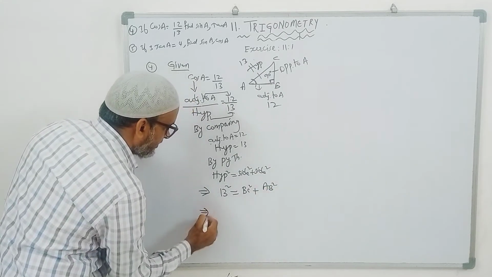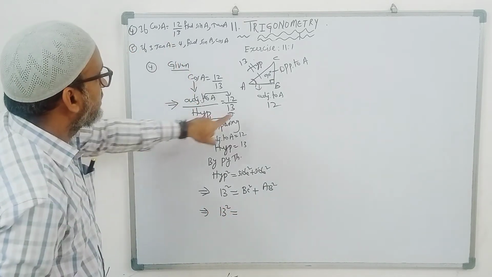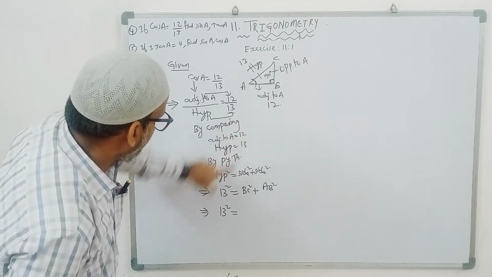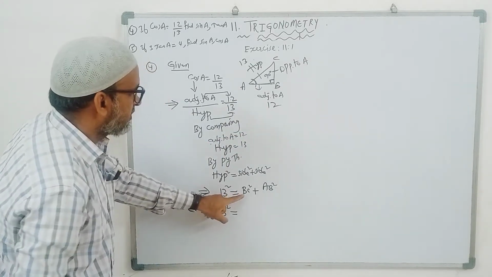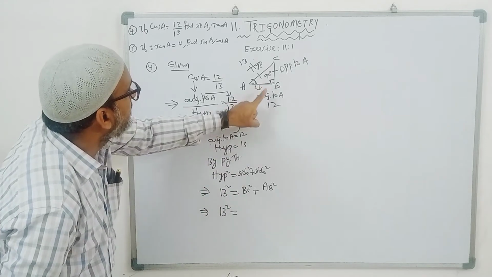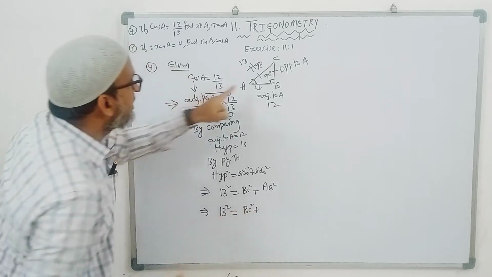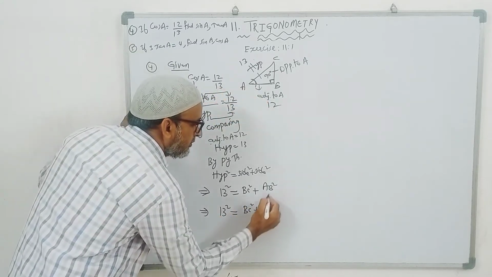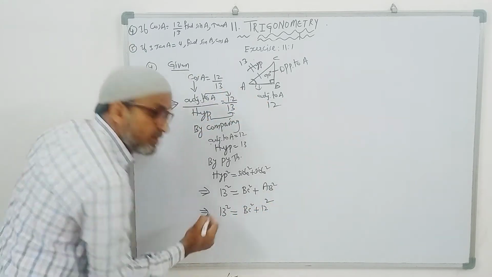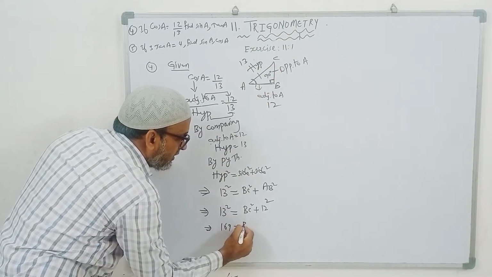One more value is given to you, this is 12. So 13 square is equal to BC square plus 12 square. 13 into 13 is 169, equal to BC square plus 12 into 12.